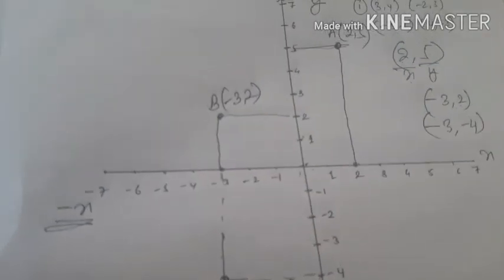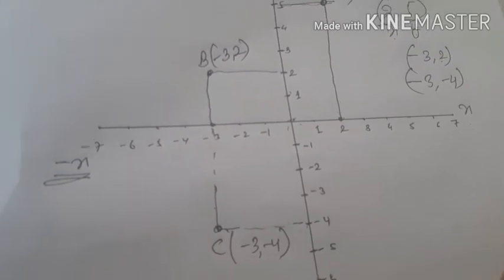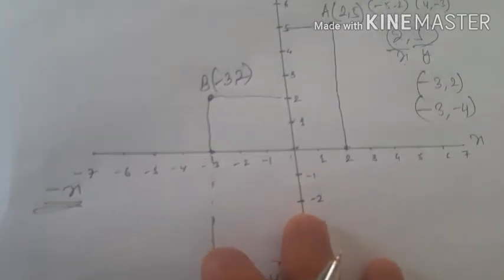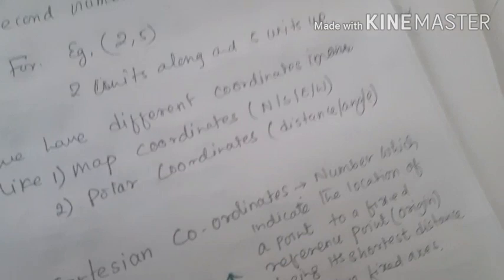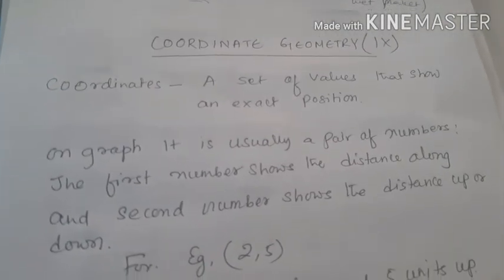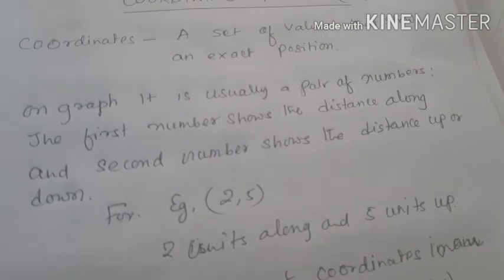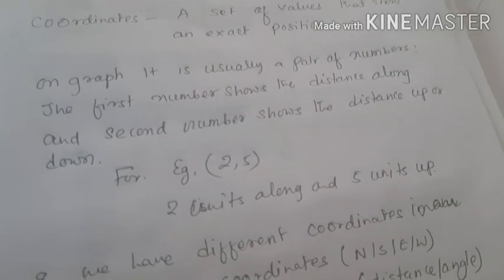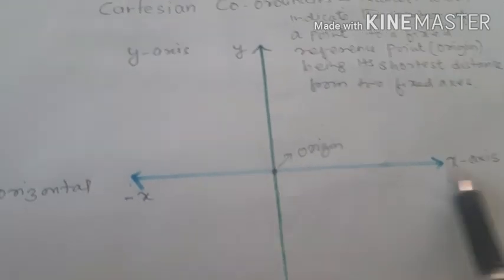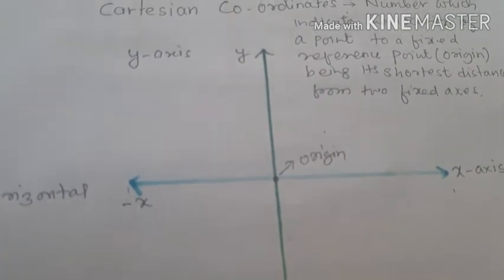Okay, and in this chapter we need to understand how to plot, in which quadrant it falls, and what exactly is coordinate geometry. Coordinate geometry gives you a set of values that has to be plotted or located in the Cartesian coordinates. In the Cartesian coordinates we have a horizontal line and a vertical line. The horizontal line is called x-axis and the vertical line is called y-axis.